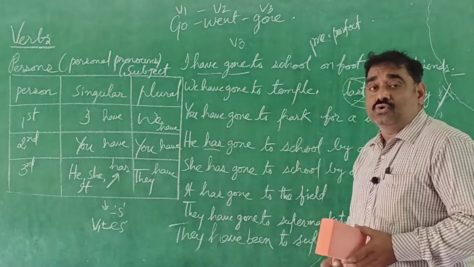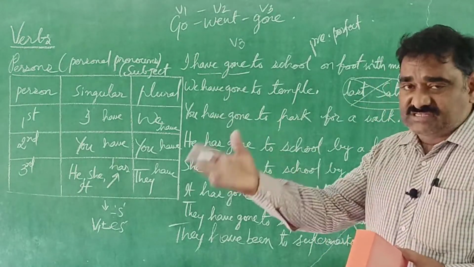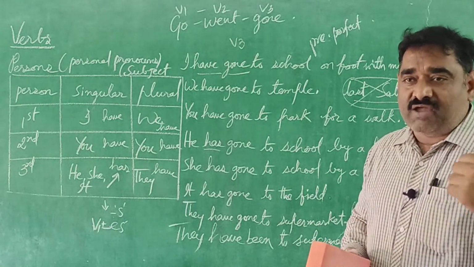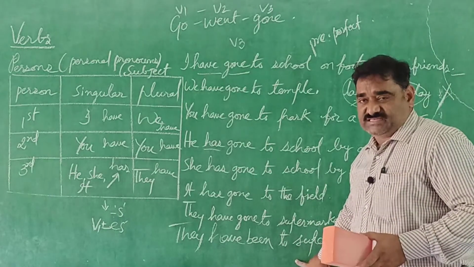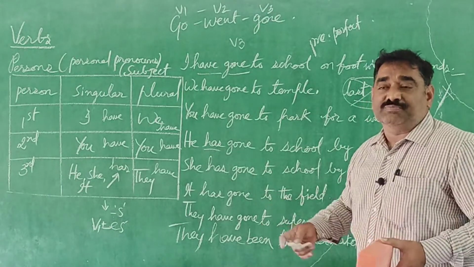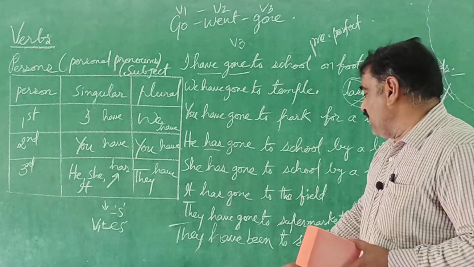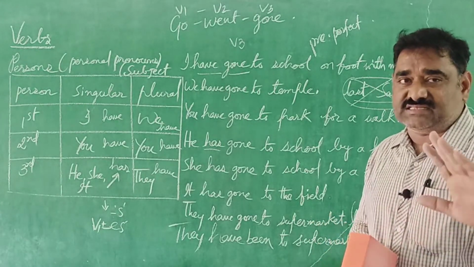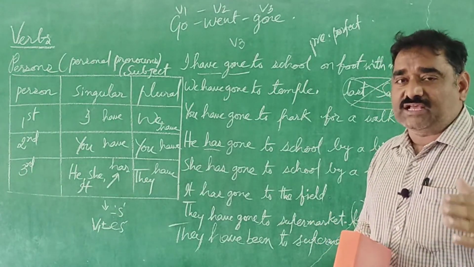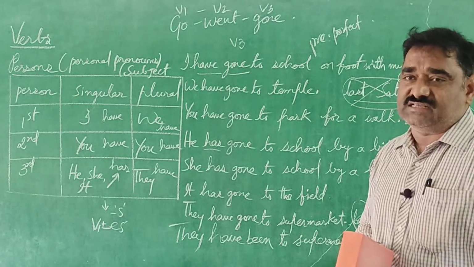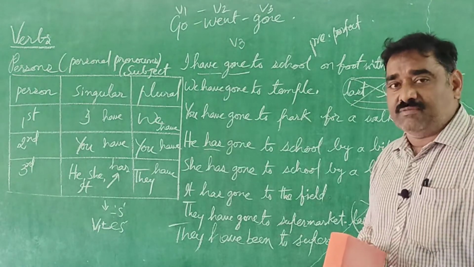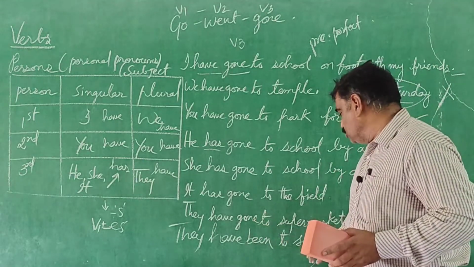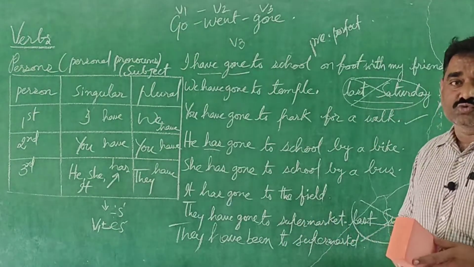They have been to movie means they visited the theater, watched the movie, and came back. My father has gone to office means he is in office now, whereas my father has been to office means he went to office and came back home. That is the difference between gone and been.